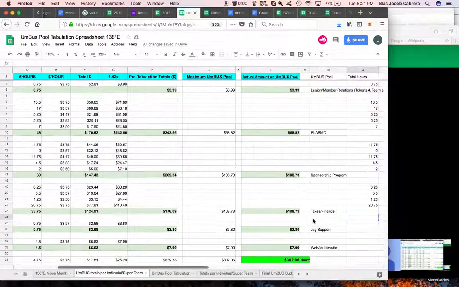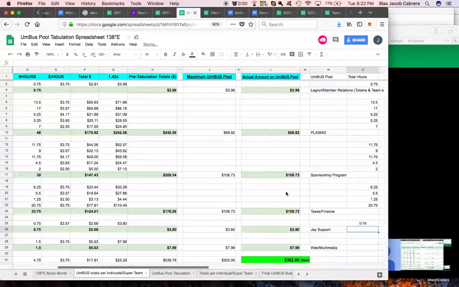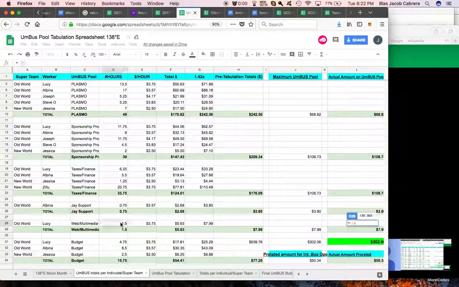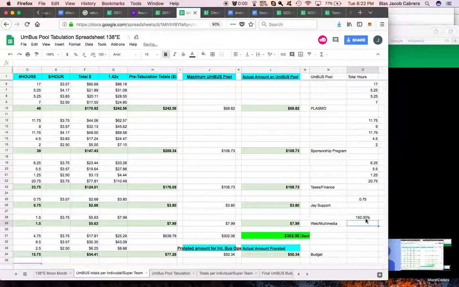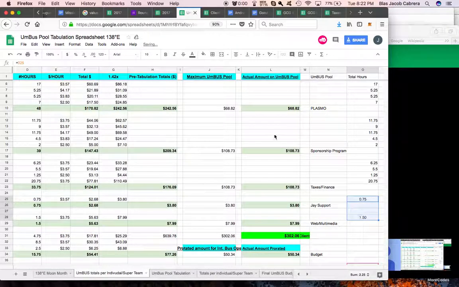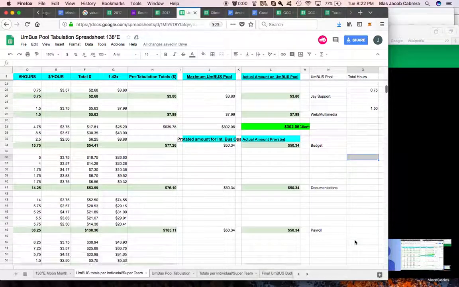And then we've got J support, and multimedia percentage. I don't know why that's a percentage. And then we've got budget. So you can do budget. I'll do documentations.